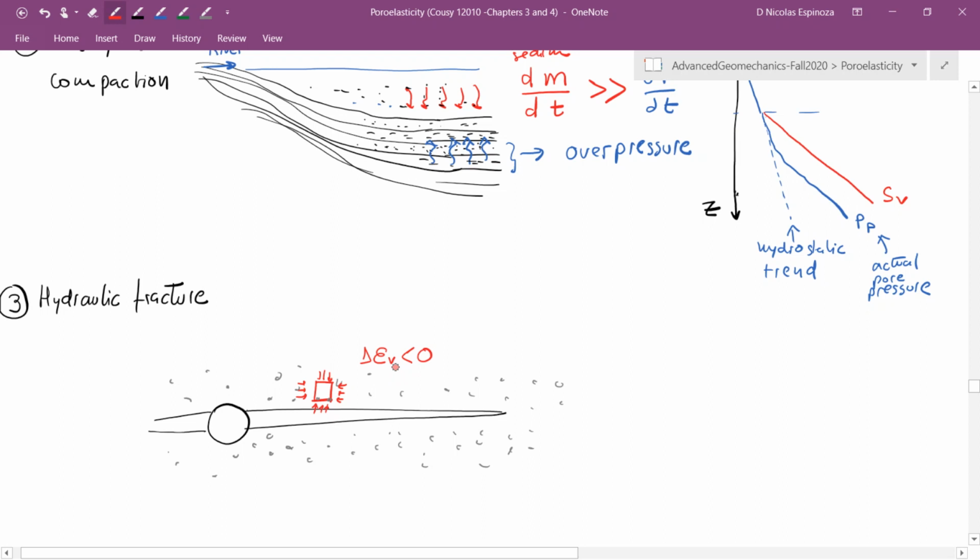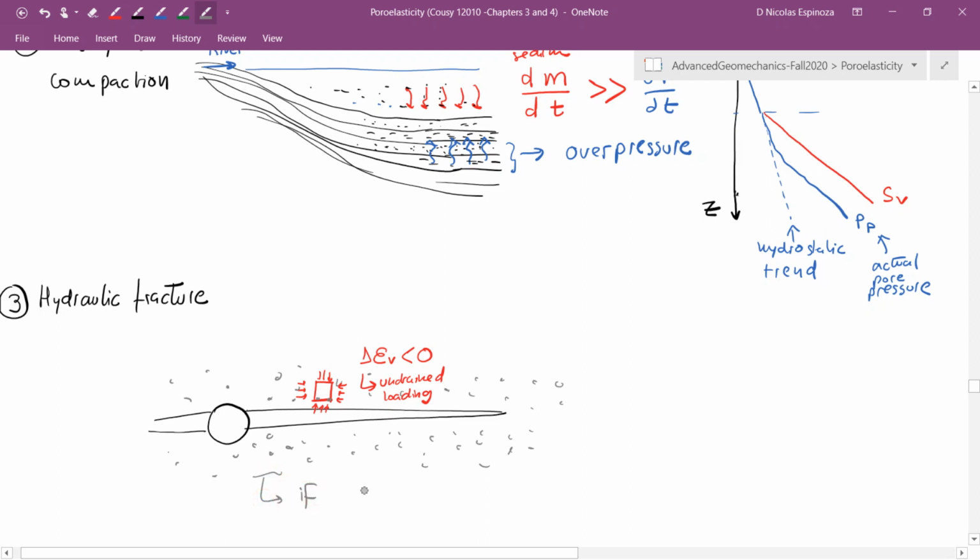And if there is not enough time for the shale to release the pore pressure, and that might happen very likely, for example, in an old shale, what we're going to have is undrained loading with an increase of pore pressure on the face of the fracture. This undrained loading could produce, for example, also an increase of pore pressure and decreases of effective stress on the face of the fracture. So let me complete something over here.